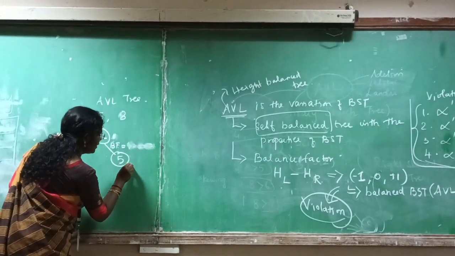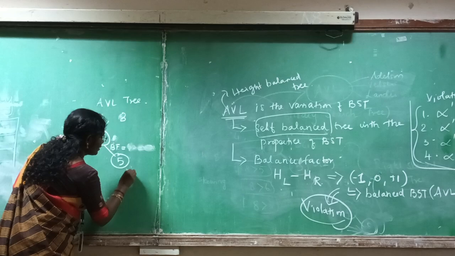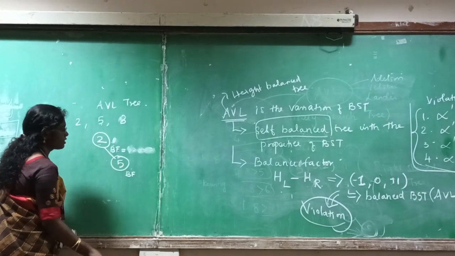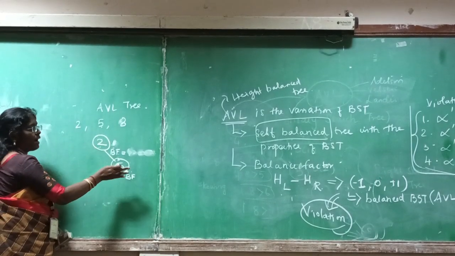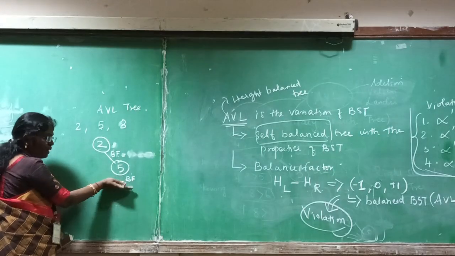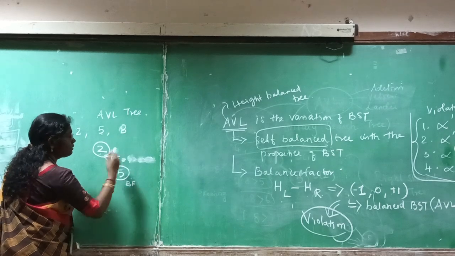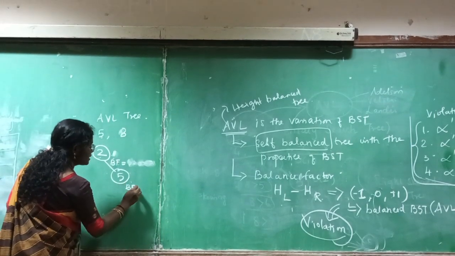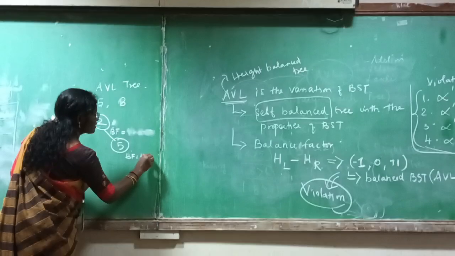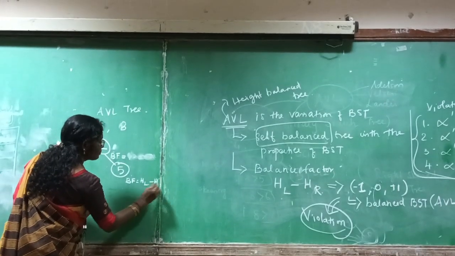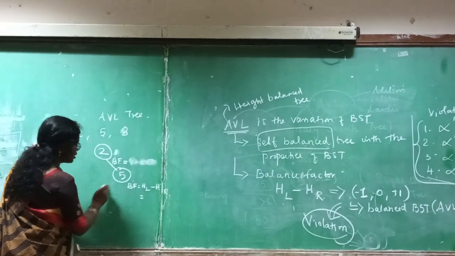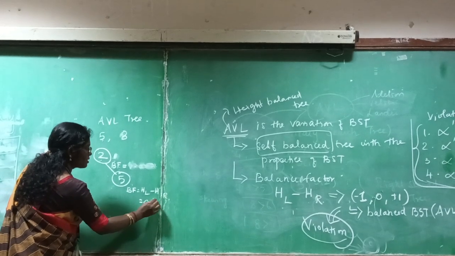So here I will be calculating the balance factor for the recently inserted node. Always start calculating the balance factor from the bottom level so that you are able to achieve the height in the proper order. So balance factor is equal to, as usual, height of the left subtree minus height of the right subtree. So here it has no left subtree, no right subtree, so 0 minus 0 is 0.